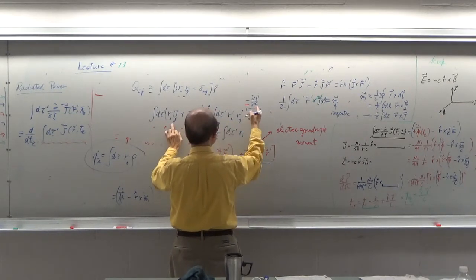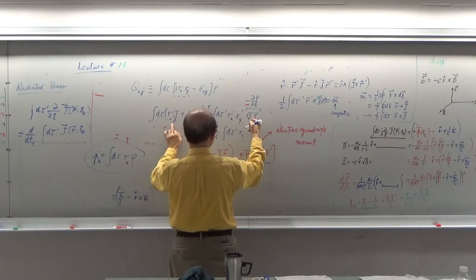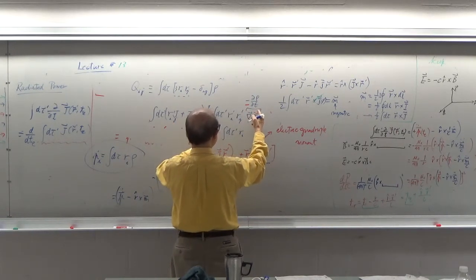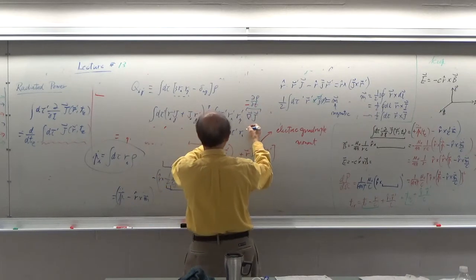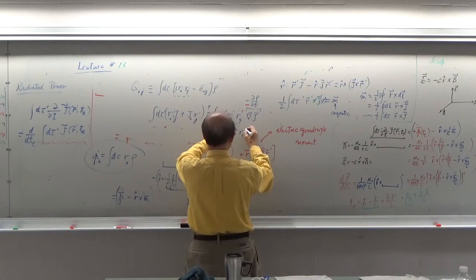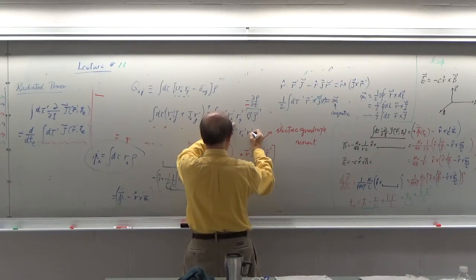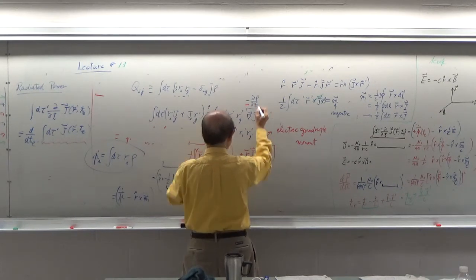Okay. I'm sorry, so this is del_t rho, right? Okay. So here, r'_i r'_j times the charge density.